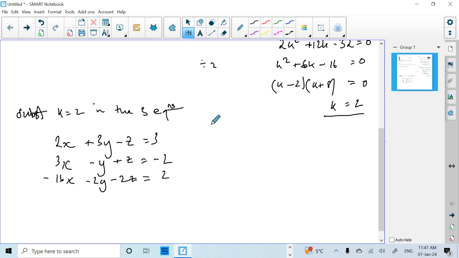And yeah, these are my three equations, 1, 2, and 3.